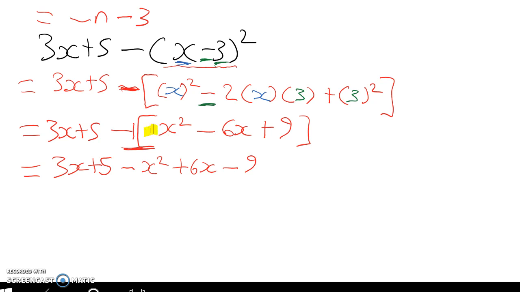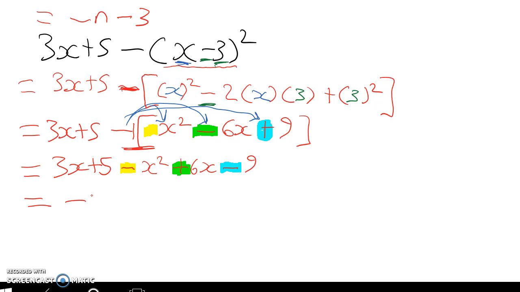You can see that there was a positive here that turned to a negative. There was a negative in front of the second term that turned positive, and the positive in front of the last term turned negative. I make sure I change them because it's got to multiply each term inside the bracket. So that's why they all need to change.